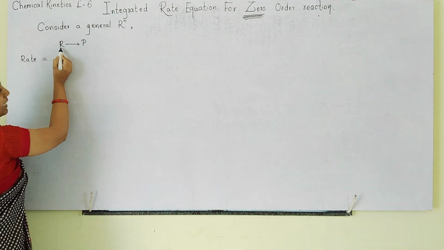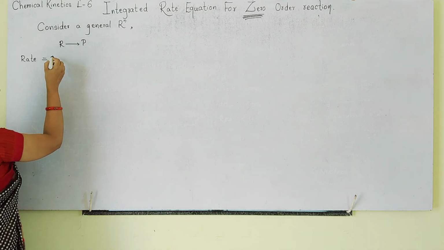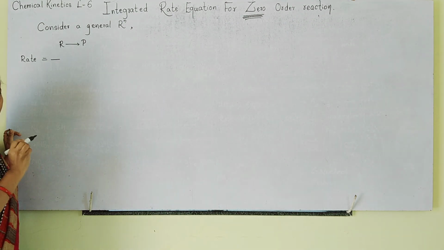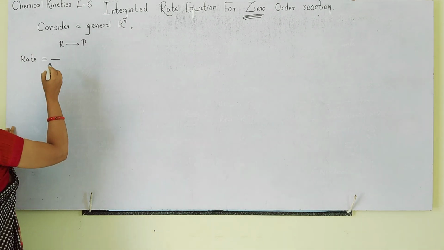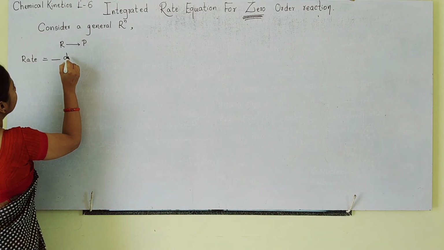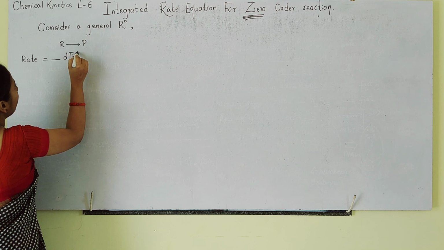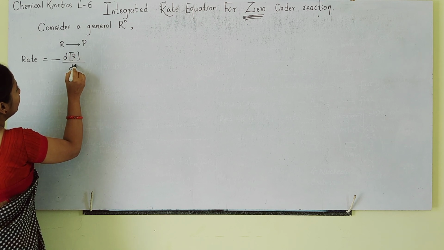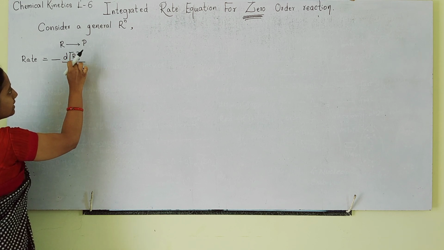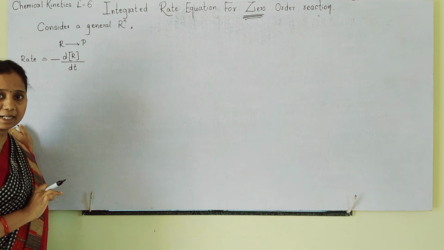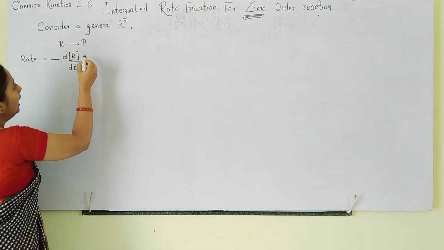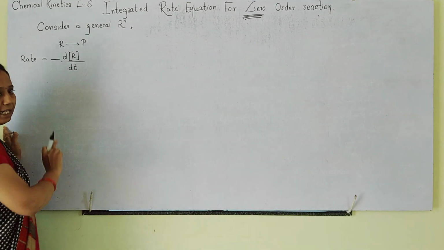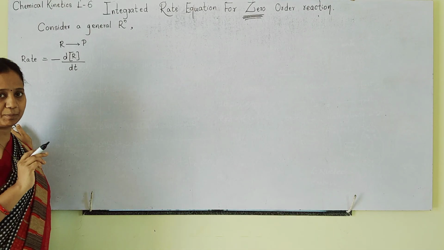With respect to the reactant I will write a minus sign, because reactants always go on decreasing. Minus d[R] by dt. Students, don't forget to put the square brackets, because square brackets indicate concentration. This is how we can write the rate of reaction by our first method.